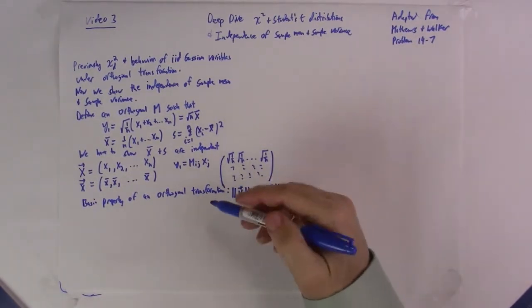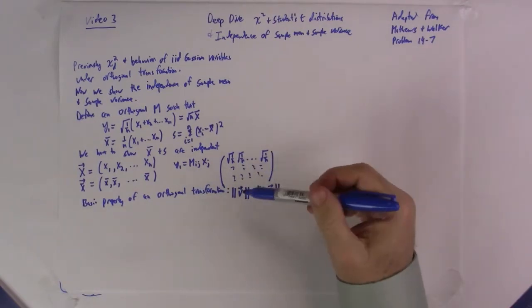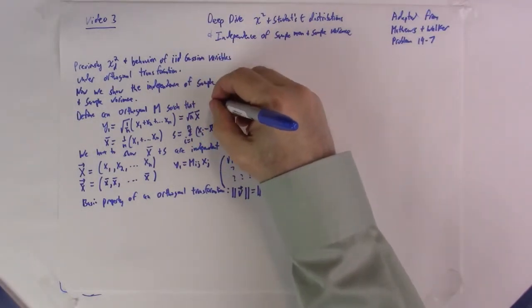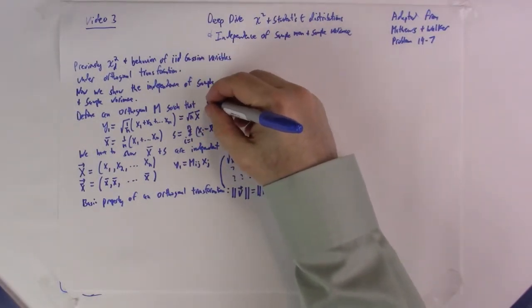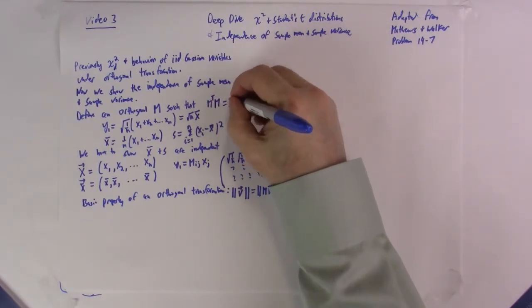And if you think of what an orthogonal transformation is, it's either a rotation or an inversion. It could be a reflection. So it's kind of obvious from a physical point of view why the norms are preserved. But it's easy to establish using the basic property of orthogonal transformations: M transpose M is equal to the identity transformation.